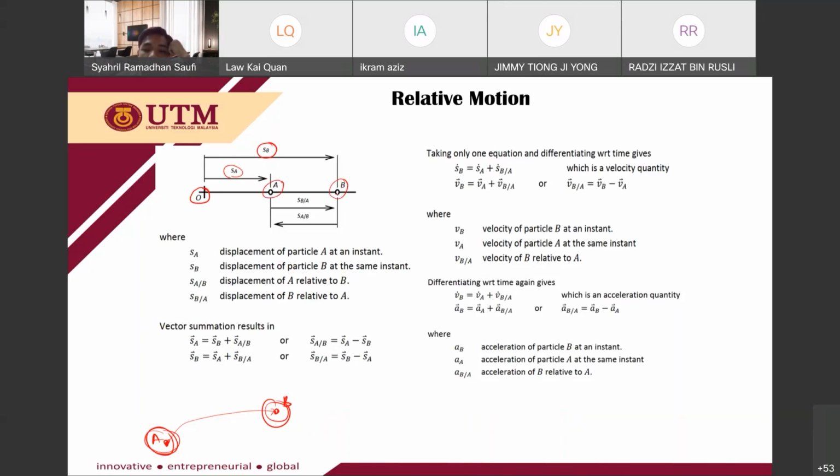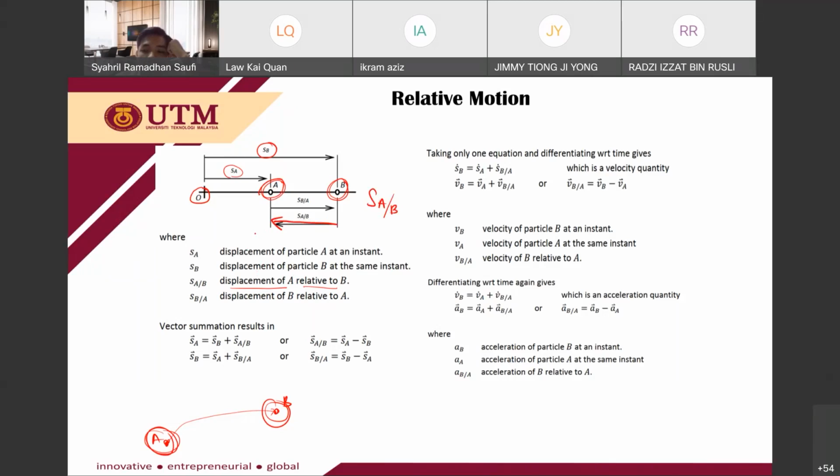Let's say, for example, I want to do the analysis of displacement of A relative to B, meaning the displacement of A with respect to point B. It means that I look at particle A from point B. So the direction here is point B to A. Displacement of A relative to B.